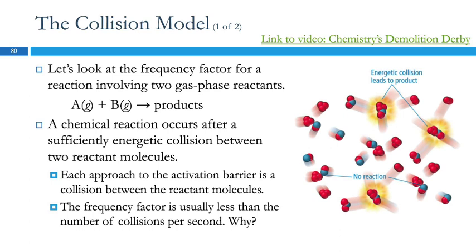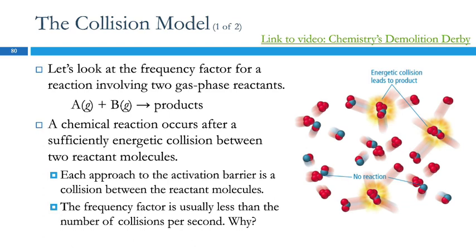I kind of alluded to this earlier, the collision model. If we look at the frequency factor for a reaction where we have two gas phase reactants, A and B, instead of the one molecule where it was wagging its tail, now we have two things that have to collide. The chemical reaction occurs when you get a significantly energetic collision between two reactant molecules.